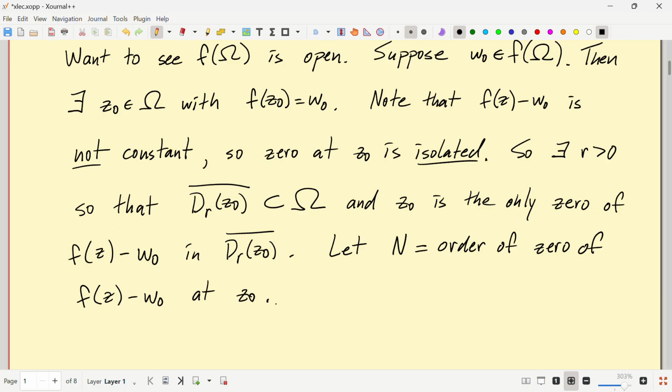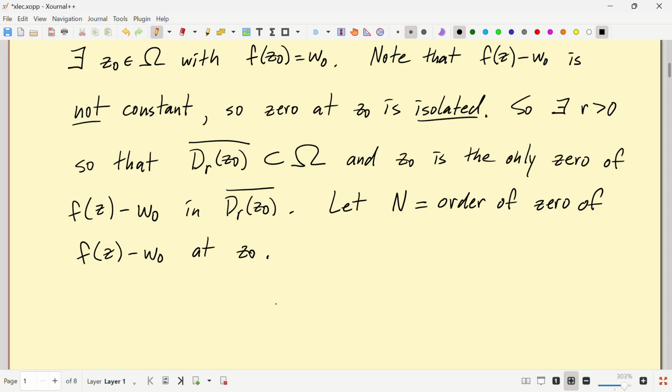Here's what we say: we say that f of z equals w naught with multiplicity n at z equals z naught.